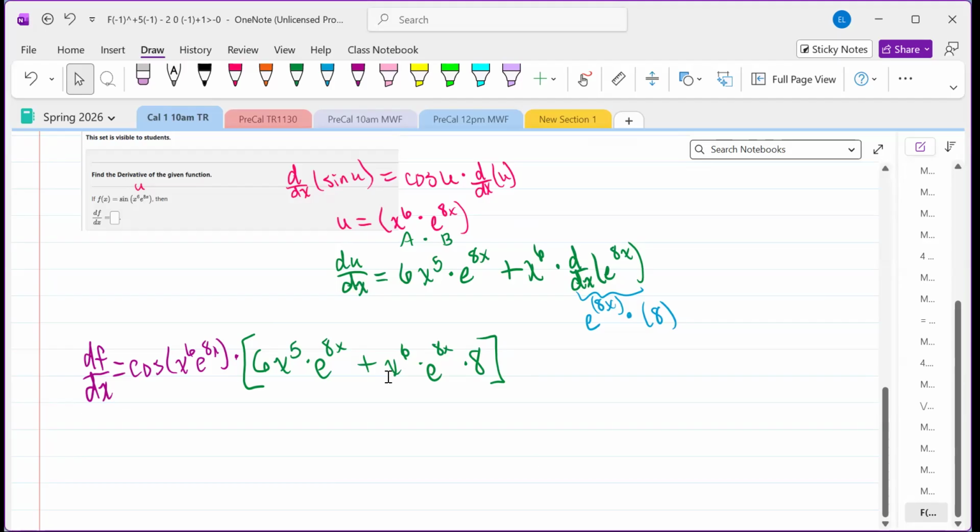Yeah, you could write the 8. I'd normally write it in front of the x to the 6th, so it'd be plus 8 x to the 6th e to the 8x. But if you wrote x to the 6th times 8 e to the 8x, that's fine.